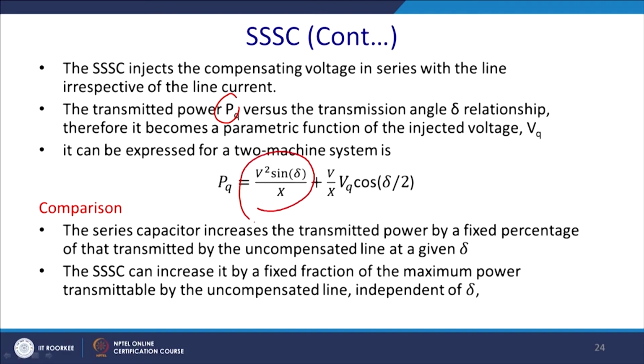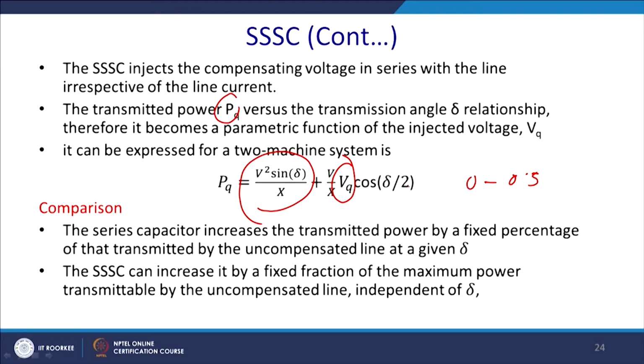This part is same as the uncompensated line. Thereafter, this value will come, V by X times Vq, but Vq may vary from 0 to 0.5 per unit. So, accordingly this power sent by the line will change and this is the Vq cos delta.